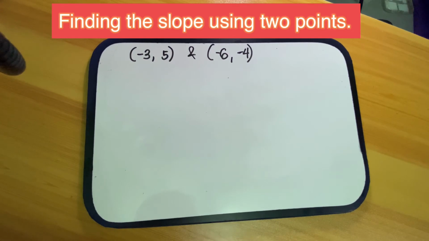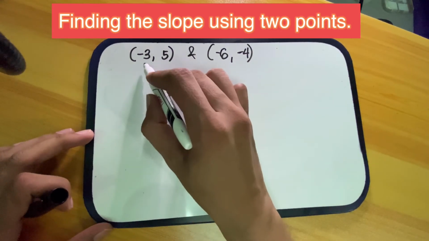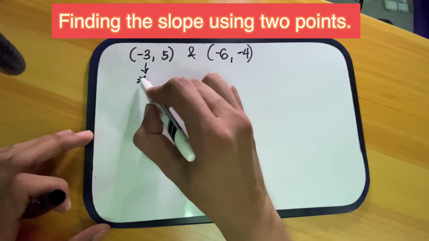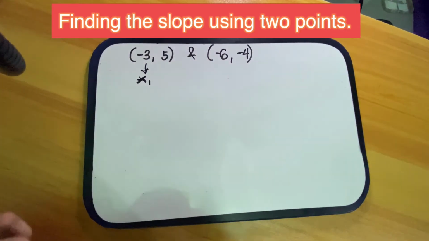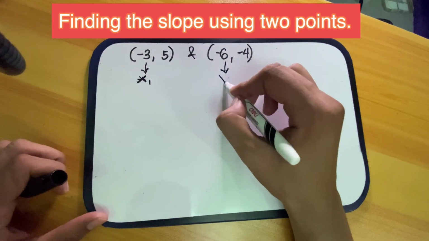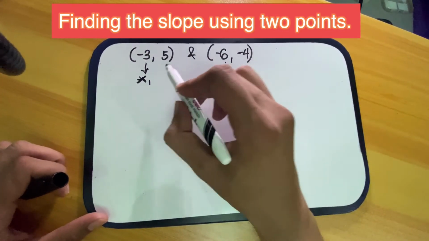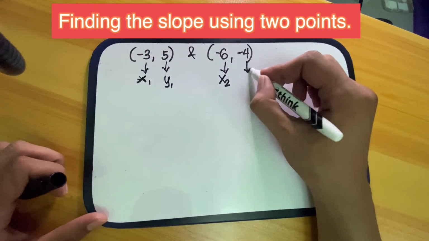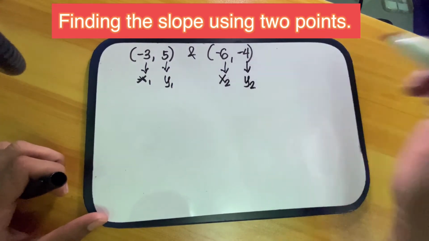Next, we have negative 3, 5 and negative 6, 4. Again, negative 3 is your x sub 1, your negative 6 is your x sub 2, 5 is your y sub 1, and your 4 is your y sub 2.